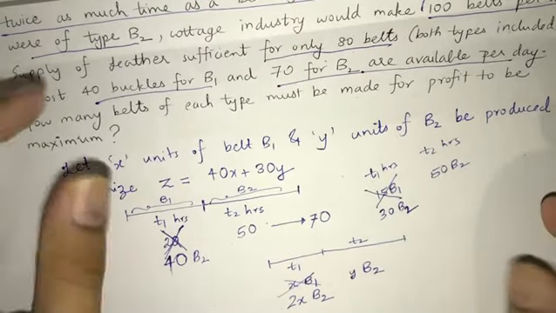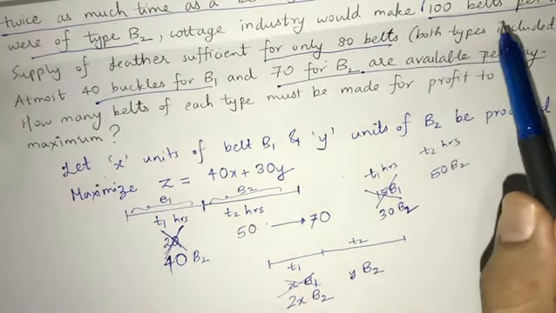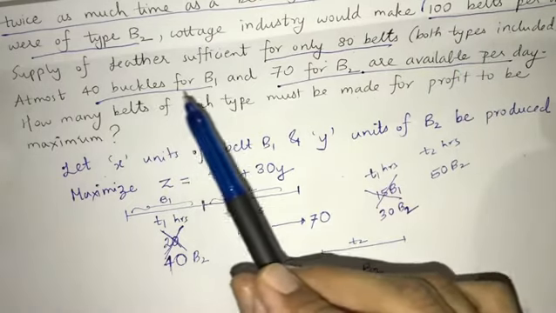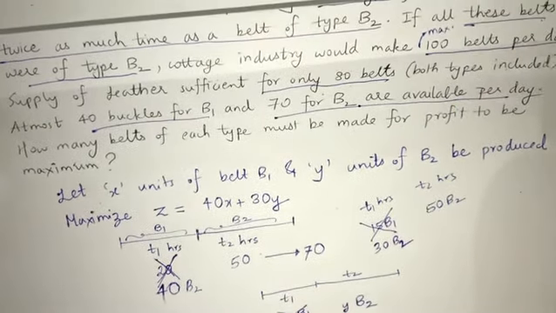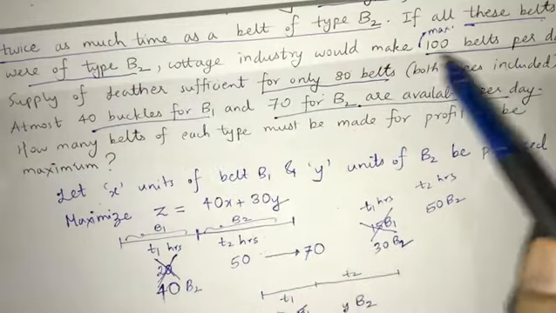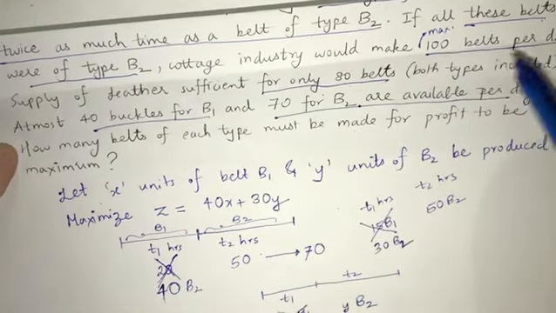Okay, and what they have said is, if all these belts are of type B2, then the cottage industry can make max 100 belts per day.